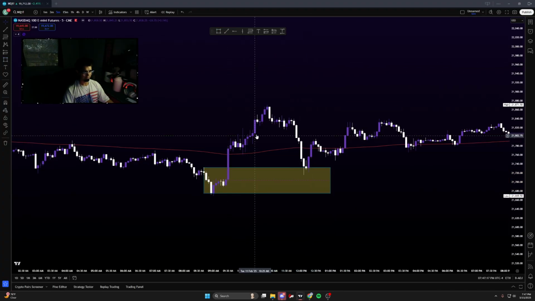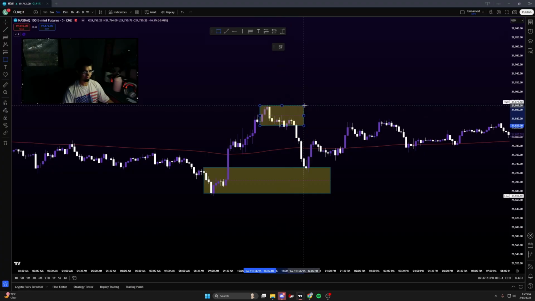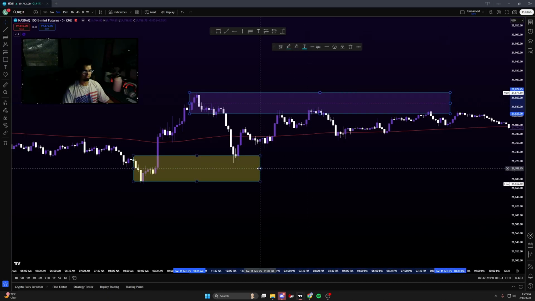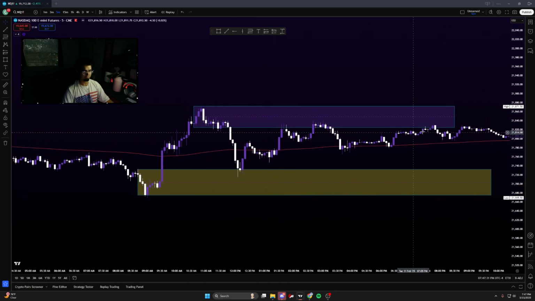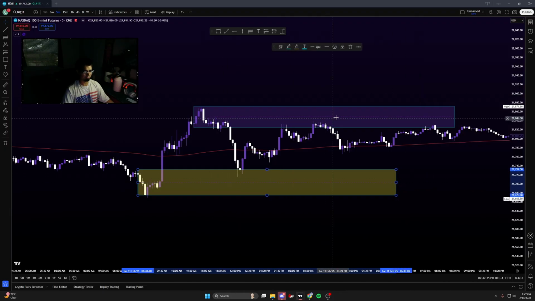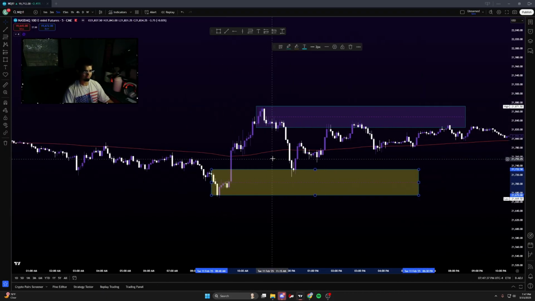But what do we see right here? Another bearish order block gets formed at the same time. And bang, what happens? We see price respects these two confluences and starts trading between this range, consolidating the price, because we have a lot of buyers down here but a lot of sellers up here, and that's why price is just consolidating, going sideways like that.